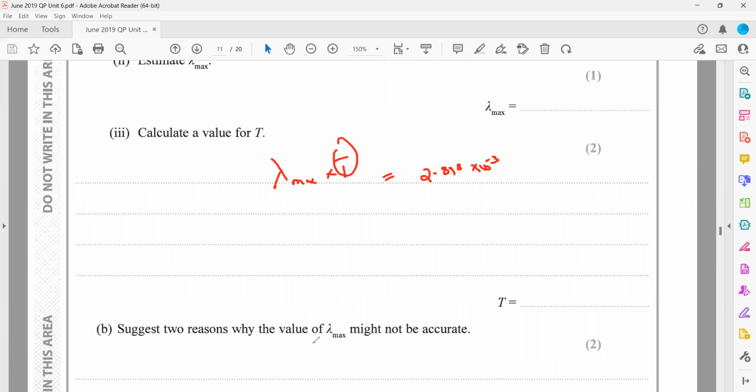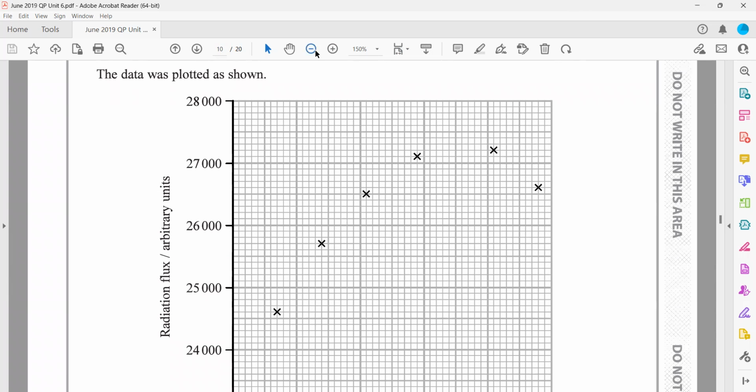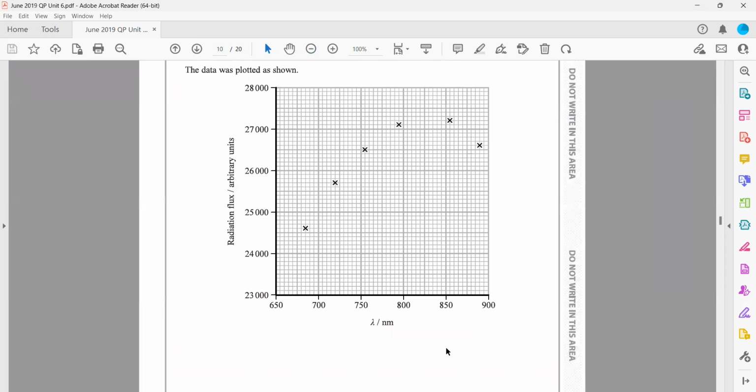Now two reasons why the value of lambda max might not be accurate. First, from your graph, you can identify there is no repetition: the student did not repeat the experiment, only taking certain points for the wavelengths.